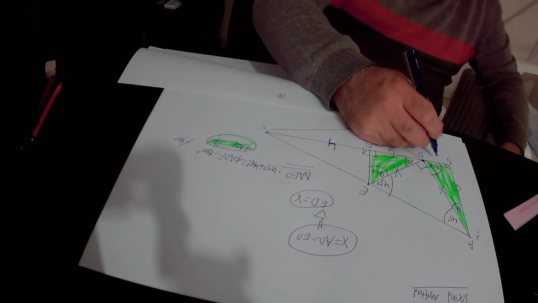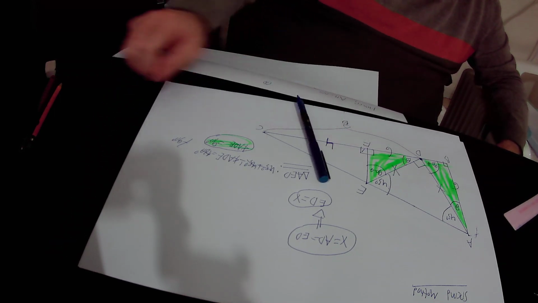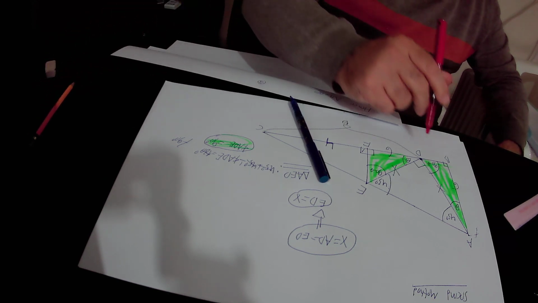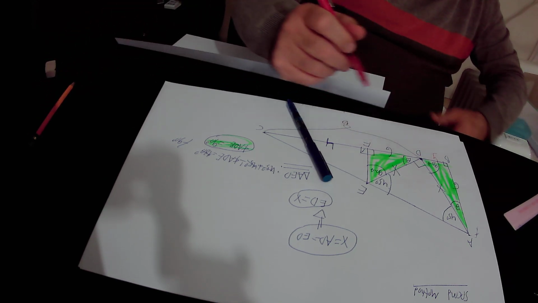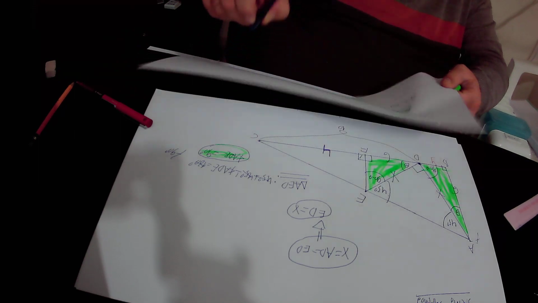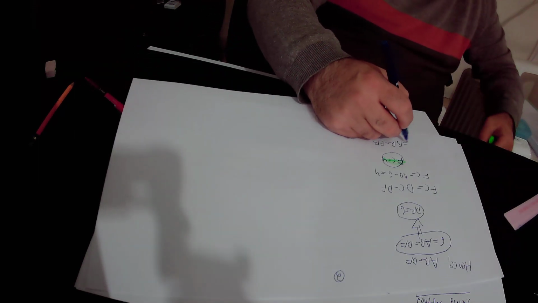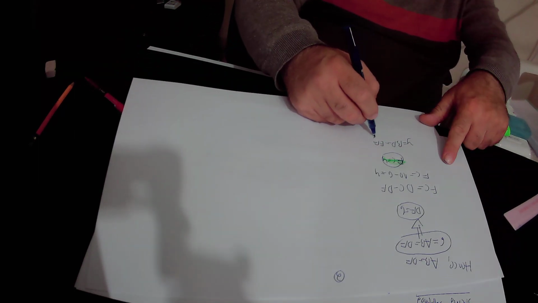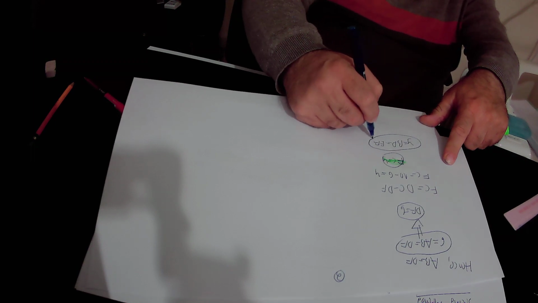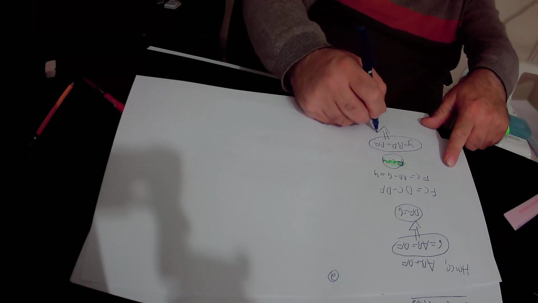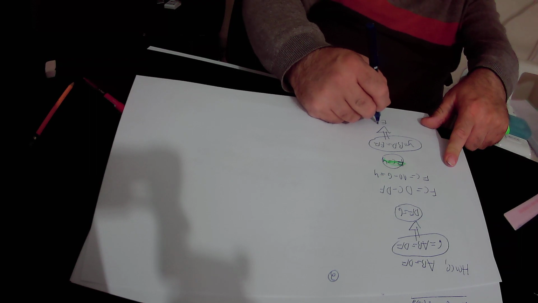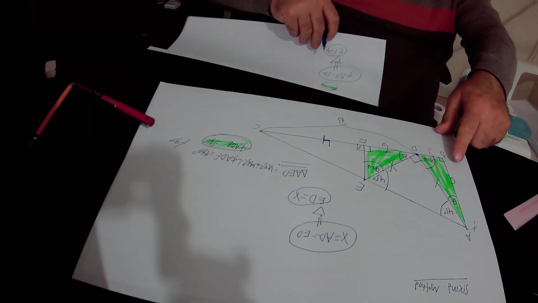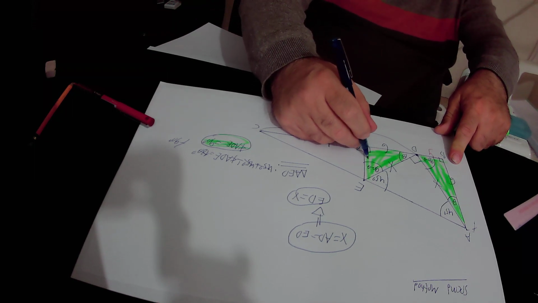And if we define BD as Y, so BD is equal to Y according to our definition. So from this equation, Y equals BD equals EF, we conclude that EF is also equal to Y.